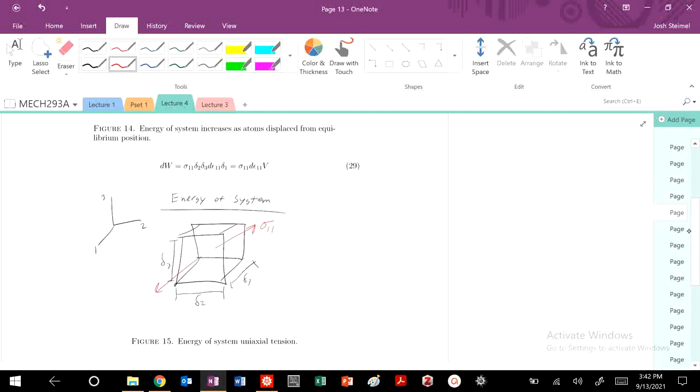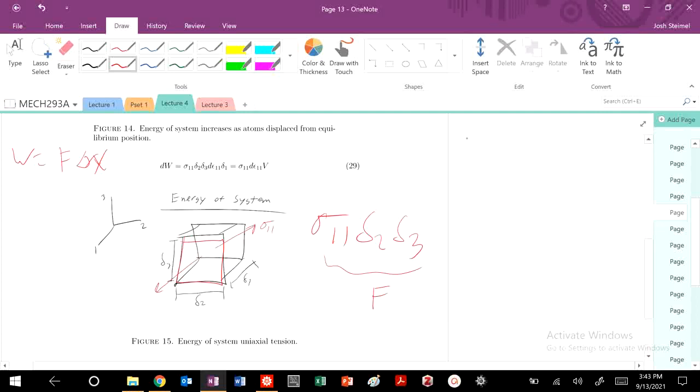If I have a system that we're pulling in one direction, I'm applying a stress, in Newton per meter squared, acting on an area, delta 2 delta 3. That gives my force. I know that my work is force times some displacement, delta x in general. So how do I figure out my displacement?